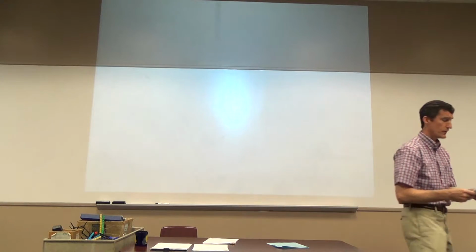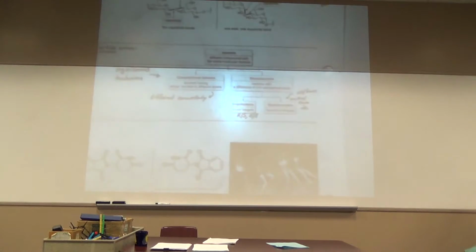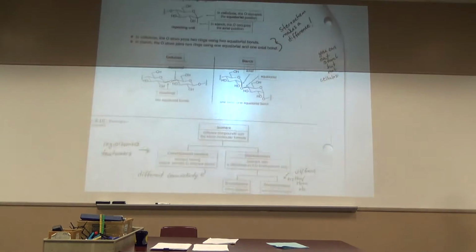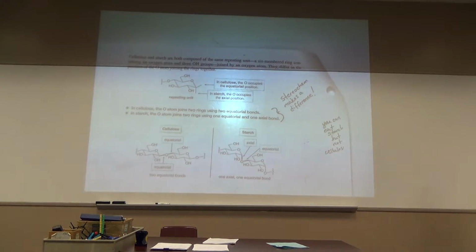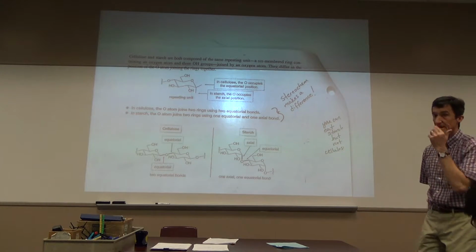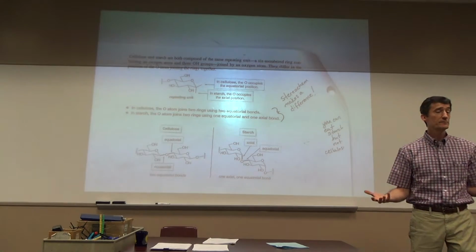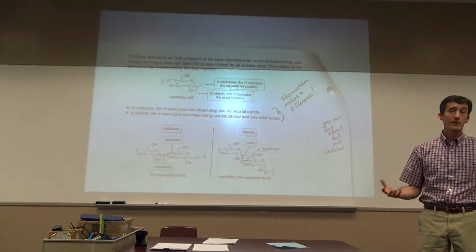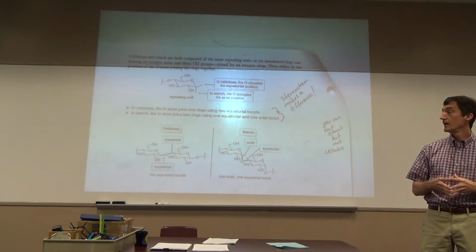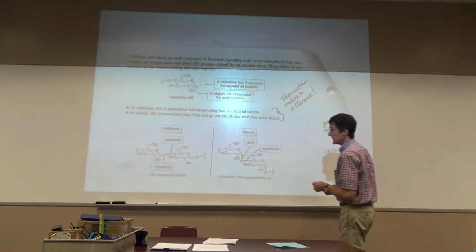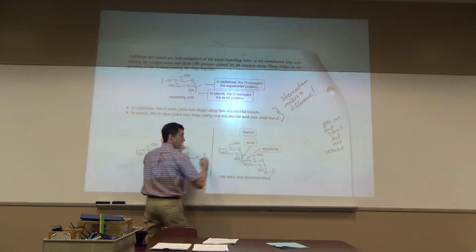Let's look at a little more intro stuff, sort of set the stage. Back at the first page here. Is stereochemistry important? Yes. Well, heck yeah, it's important. For example, what's the difference between cellulose and starch?